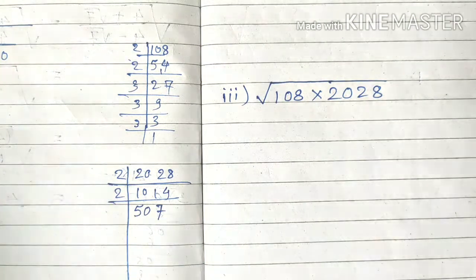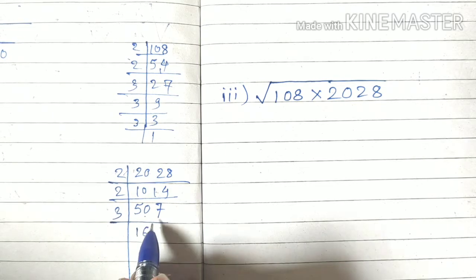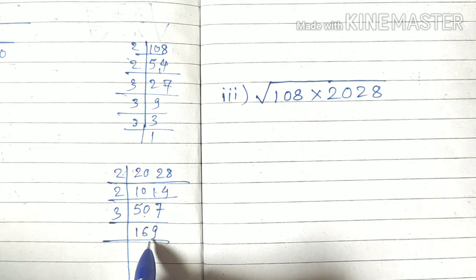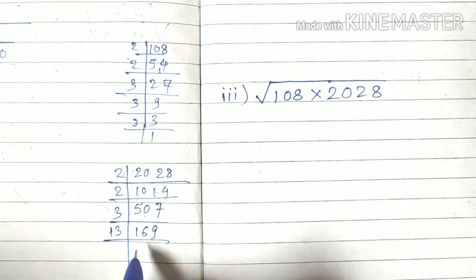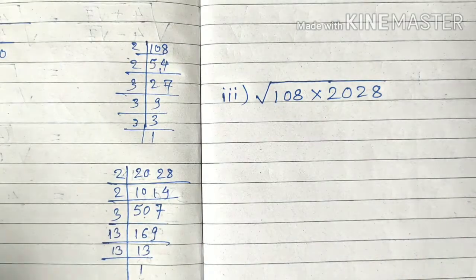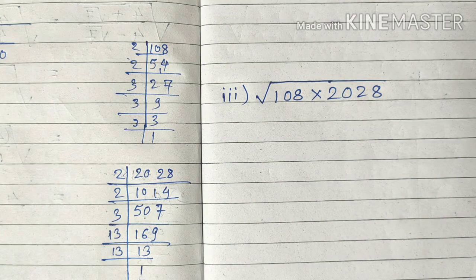When we divide it by 3, 3 ones are 3, 2 is the remainder, 6 nines are 169. As we know, 169 is a perfect square of 13, 13 13s are, and 13 ones are, right? So all these are the prime factors of 108 and 2028 calculated.